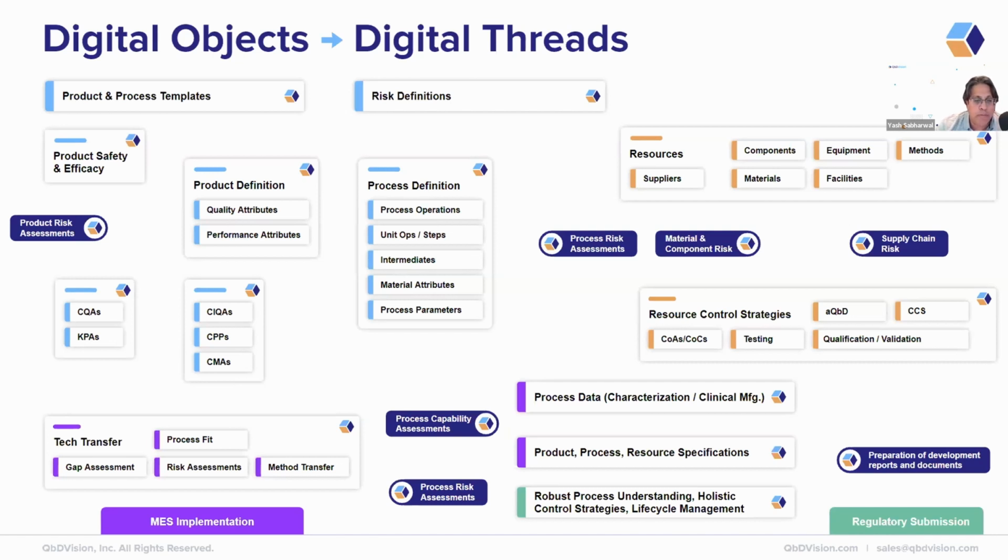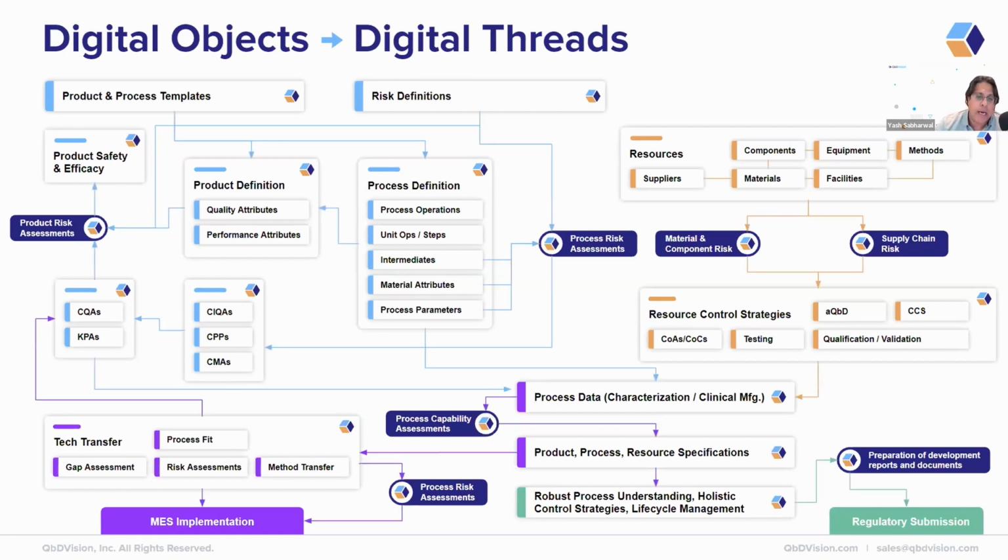And so when you put these together as digital objects, now we can build threads, which are really the connections between these individual data objects. So, if you have a quality attribute, you then utilize a risk assessment to figure out which attributes are CQAs. And of course, then this tells you what is important for product safety and efficacy.